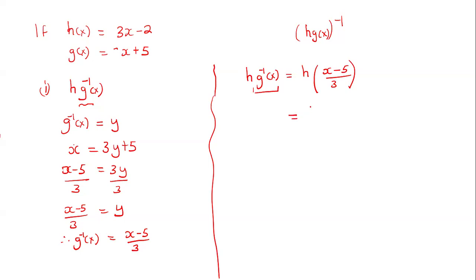So what shall we have now? We are going to have 3 into brackets x minus 5 divided by 3, then we close brackets, minus 2. Very good.